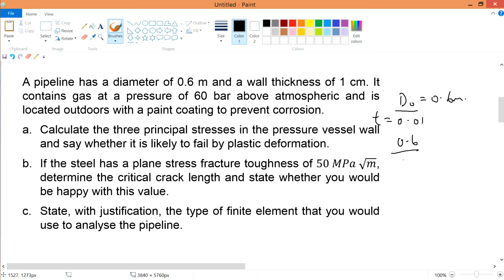So 0.6 divided by 0.01 gives 60, which is larger than 10. Therefore we can use thin wall, because it's larger than 10.